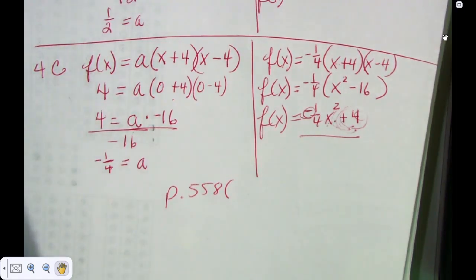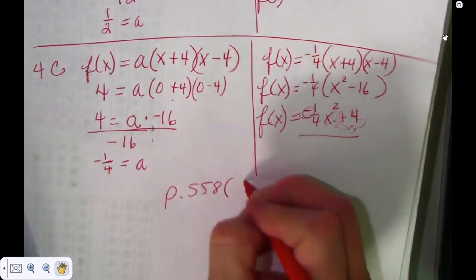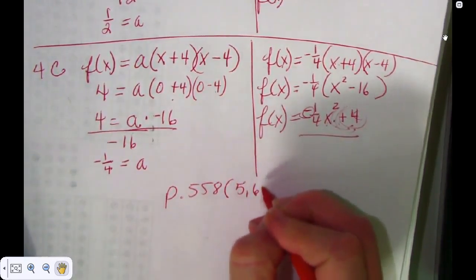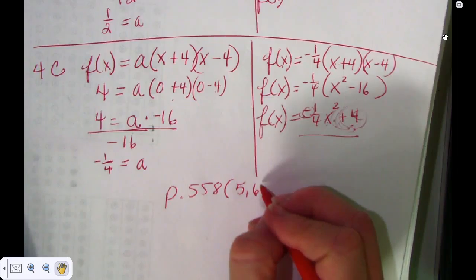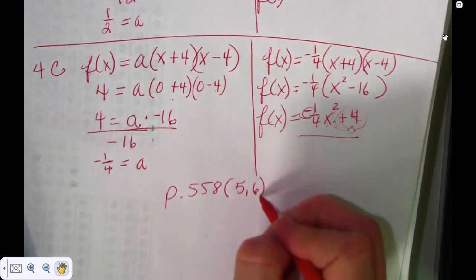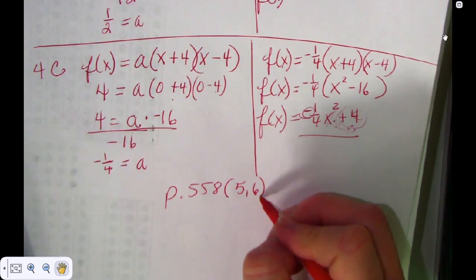Look at 558, number 5 and 6. On 5, what are the solutions? The roots. On 5, negative 8 and 1. So you're going to do 5 and 6. And then let's do 2 more. I think y'all can get 4 on there, can't you?